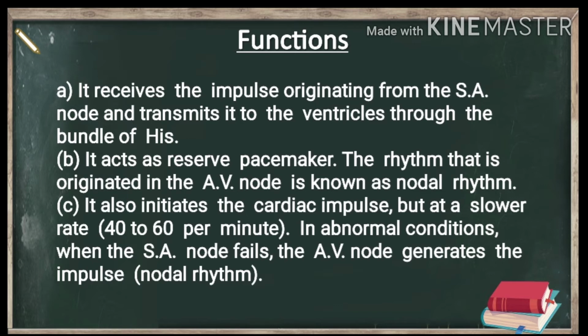Third, it also initiates the cardiac impulse but at a lower rate, about 40 to 60 per minute. In abnormal conditions, when the SA node fails, the AV node generates the impulse or the nodal rhythm.